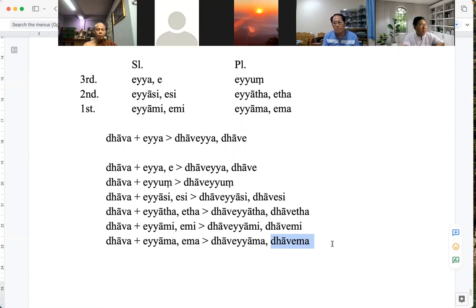If you remember the base, you can form the present, imperative, optative, or future. Any verb you can form easily, but you need to remember those verb terminations. By remembering them, you can translate and understand the meaning. If you don't remember them, it will be difficult to understand the meaning, whether present, future, imperative, optative, or something else.